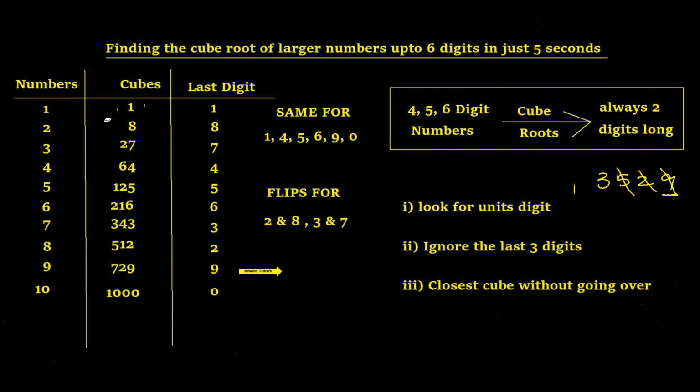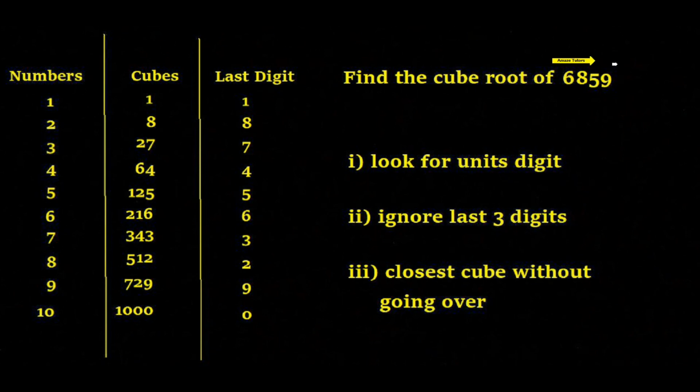So I'm going to explain this shortcut with some examples. Let's see the first question. Find the cube root of 6859. What is step 1? Look for the units digit, which is a 9.